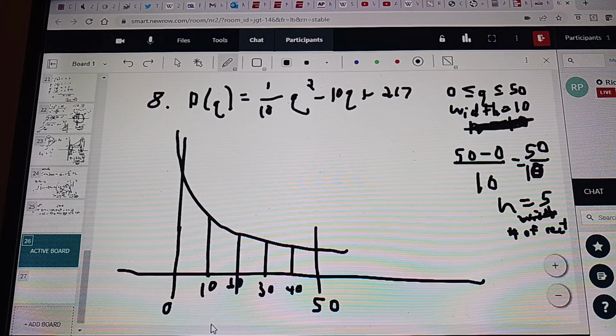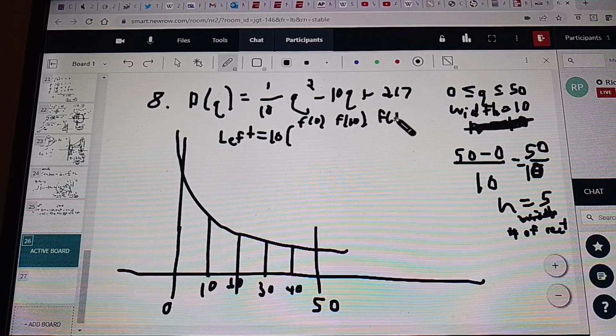So each width is 10. And then if I'm going to do left endpoints, left endpoints are going to be 10 times: first you need f of 0, then f of 10, then f of 20, f of 30, and your last one will be f of 40.